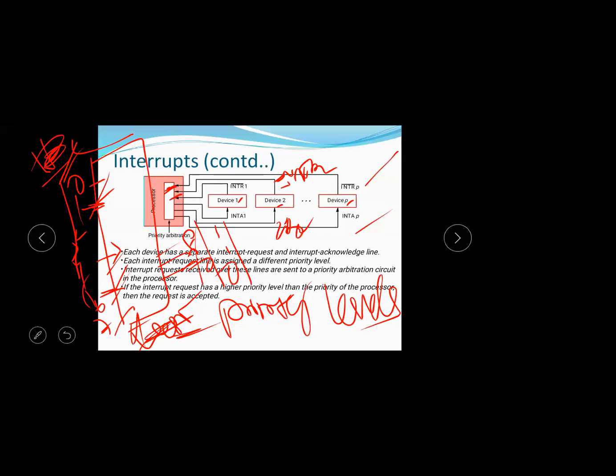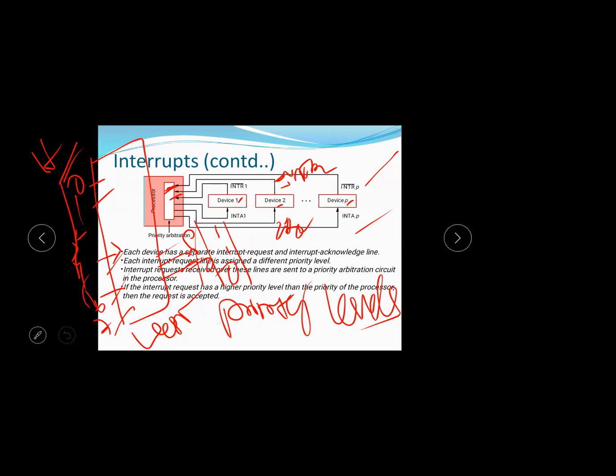The encoder decides 1 or 5 depending on the priority levels. 5 has the highest priority compared to the first input. So only the 5th input, 101, is encoded, not the first input, because 5th has higher priority than the first input.